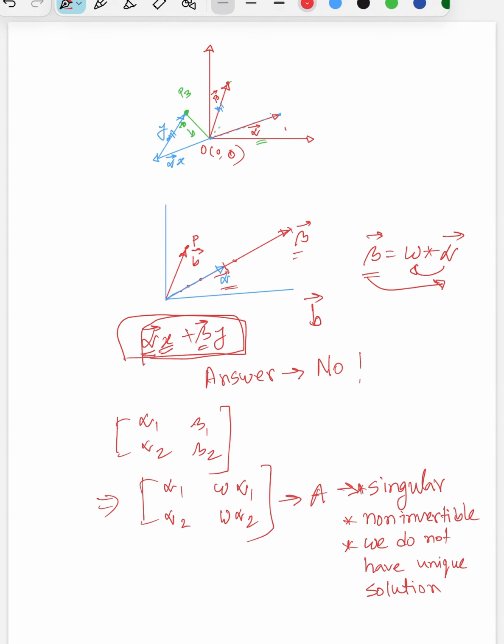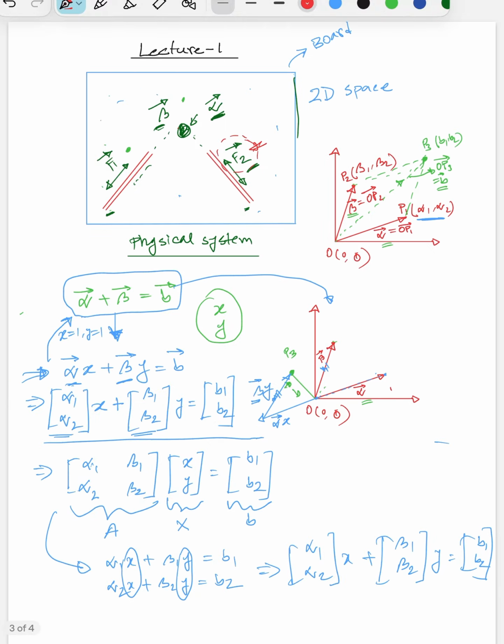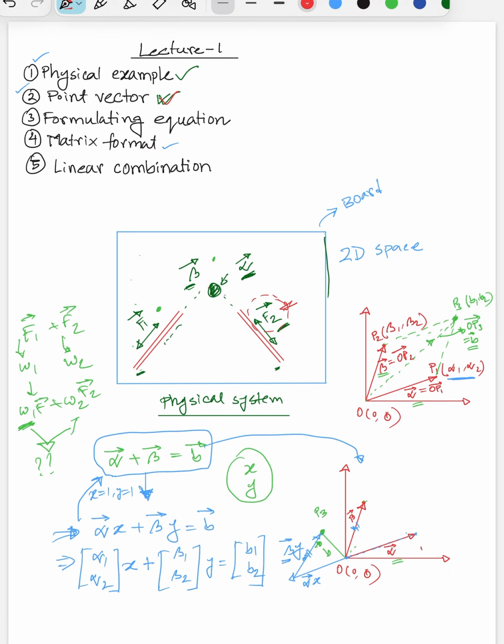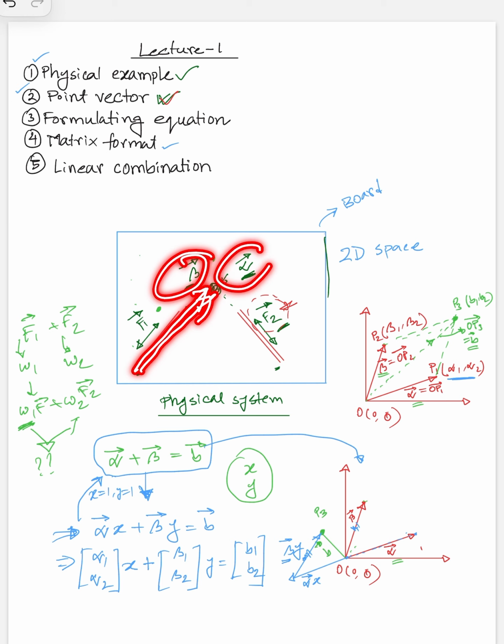So it's important that for a two-dimensional system, when we design this, these should have a certain angle in between them. If these are in the same direction, then alpha and beta are basically the same vector scaled with a different multiplication factor, and this is going to limit how our ball or our object can be moved.